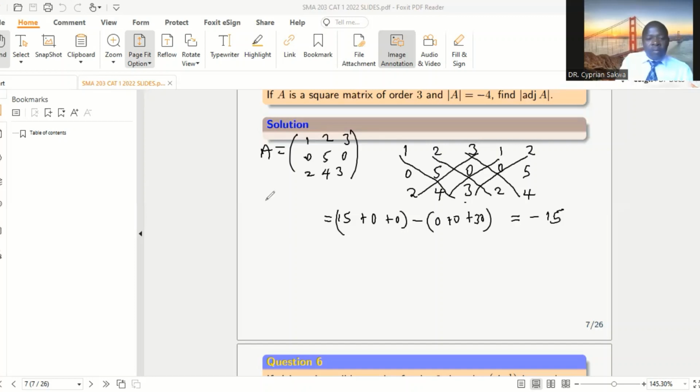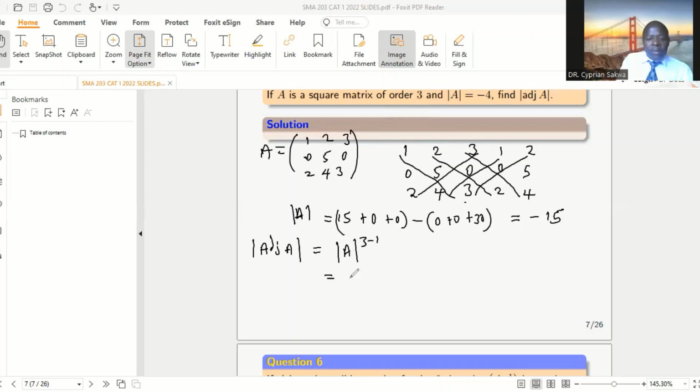So this is matrix A. What about the determinant of the adjoint of A? By the method I've just shown you, it would be the determinant of A, raised to the order of this matrix minus 1. This is a 3 by 3 matrix, so it's order 3, minus 1.